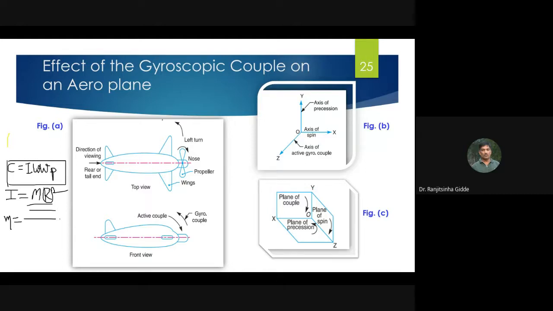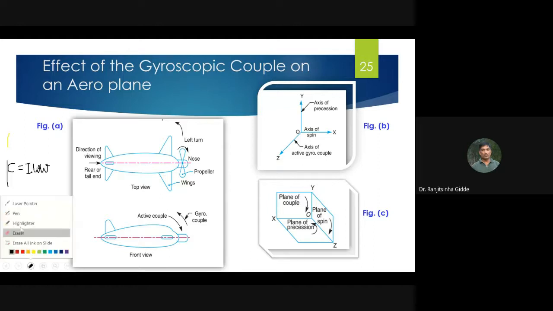Then write down k, small k, radius of gyration in meter.